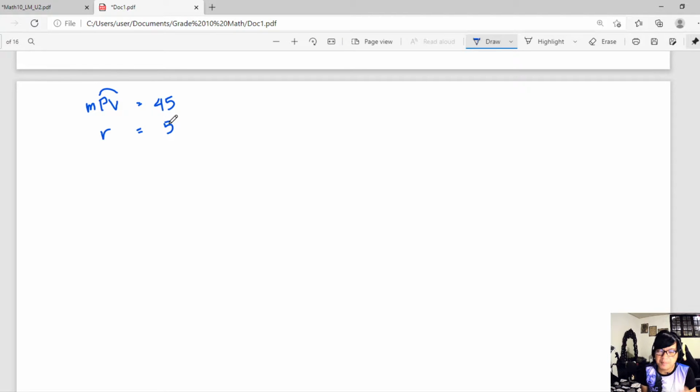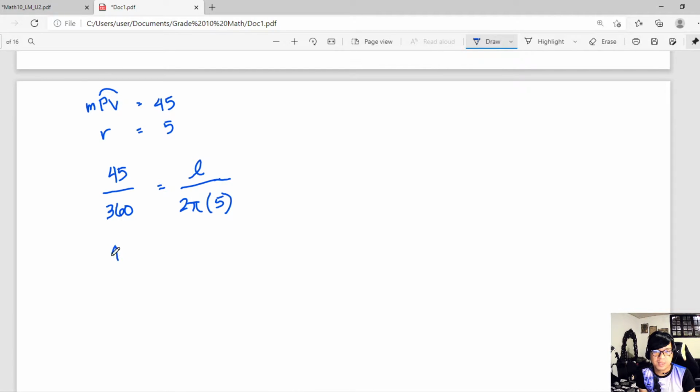We will use our proportion, the formula. So we have 45 over 360 is equal to the arc length over 2 pi times 5. We don't need to reduce it to lowest terms; we can do that in the final answer.